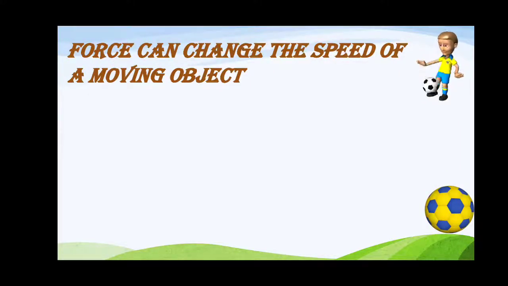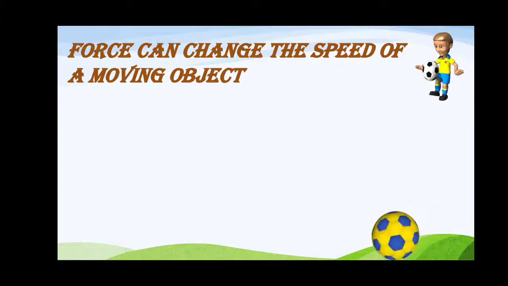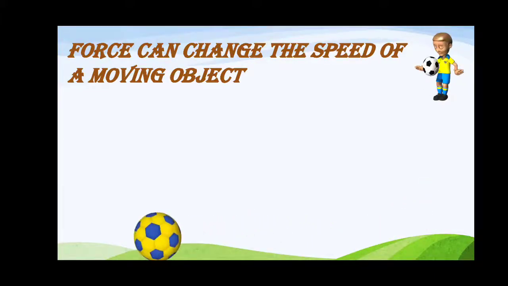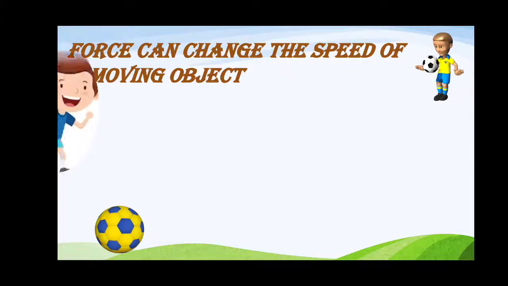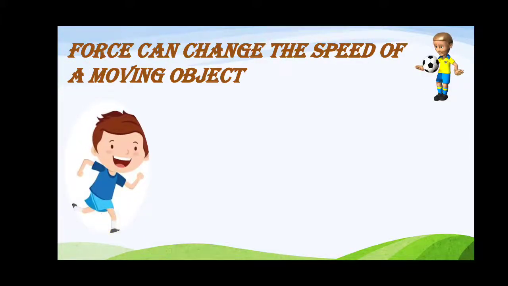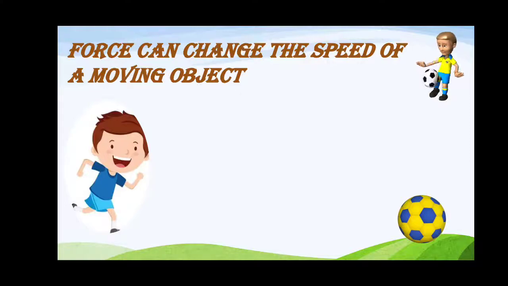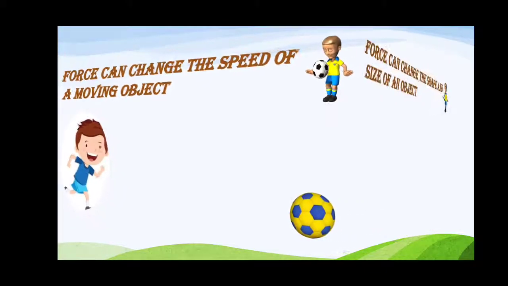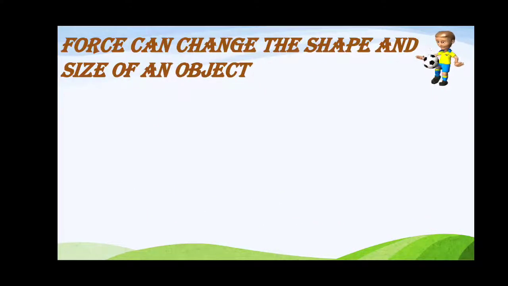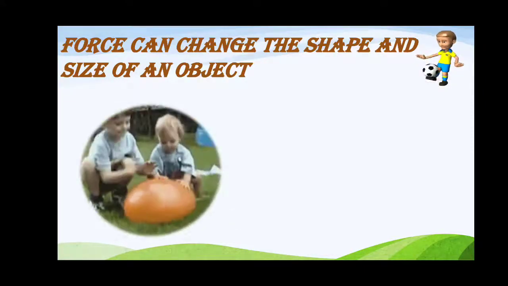Force can also change the speed of a moving ball. Here is a slow moving ball, and when a boy comes and kicks this ball, it suddenly flies high. So what does this mean? That force can change the speed of a moving ball. Force can also change the shape and size of an object.